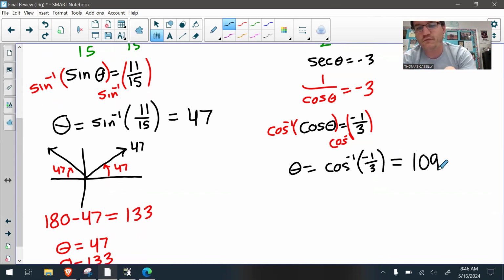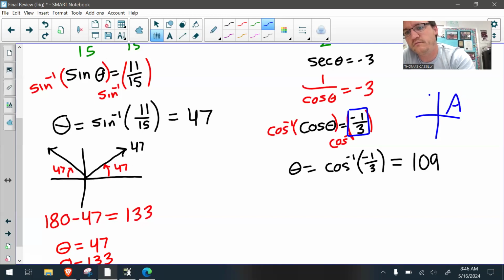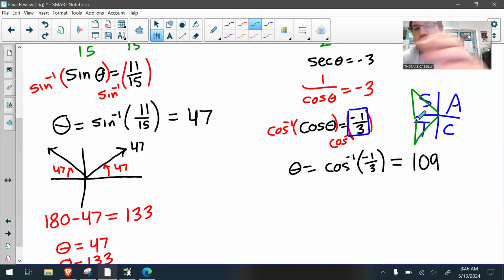Now, keep in mind this -1/3, right? It's a negative number. According to this, cosine is negative in quadrant 2 and in quadrant 3.